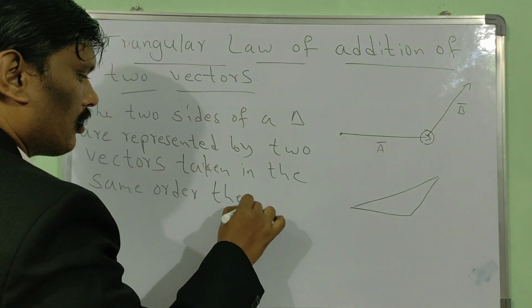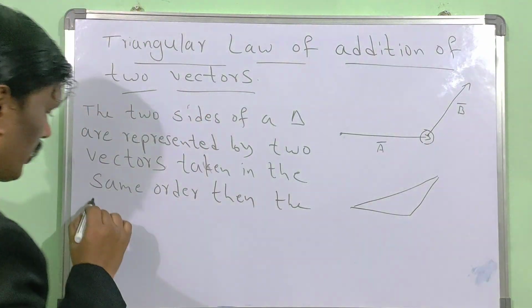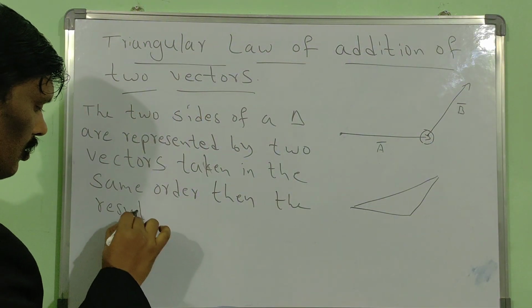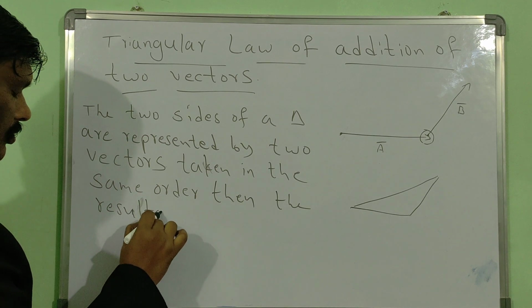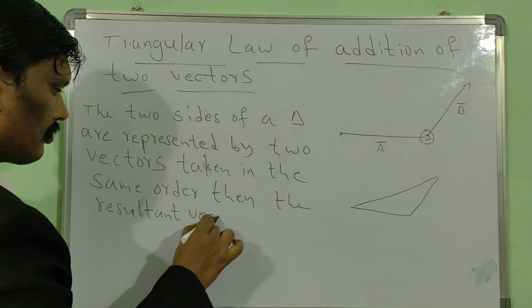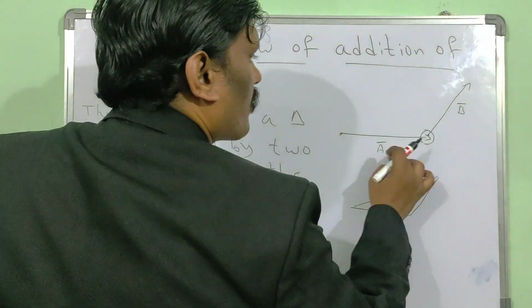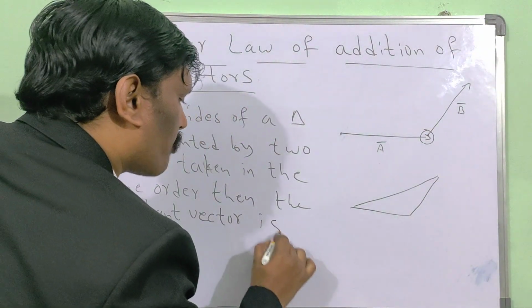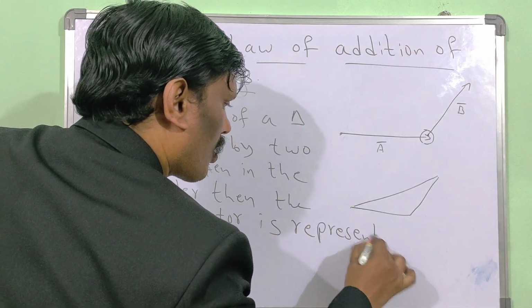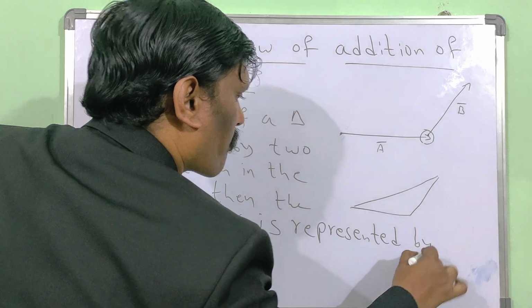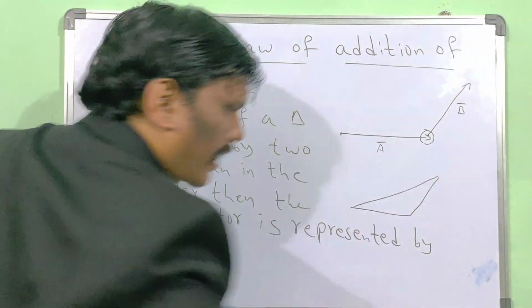Then the resultant of these two vectors, that is the resultant vector, is represented by the third side of a triangle.